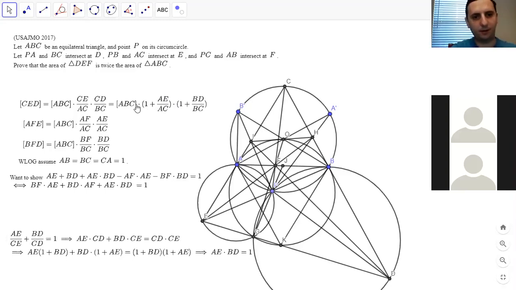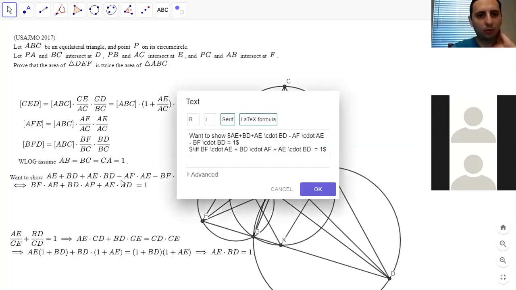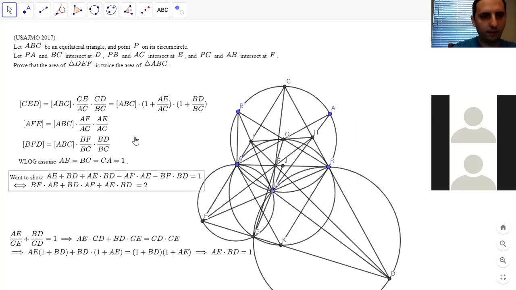So basically, I think I need to show this equals 2 instead of 1. Okay, because DEF, I take CED, then I need to subtract both of these and ABC. And after all that, then I need to get a 2. So yeah, okay. So the AE times BD is 1.